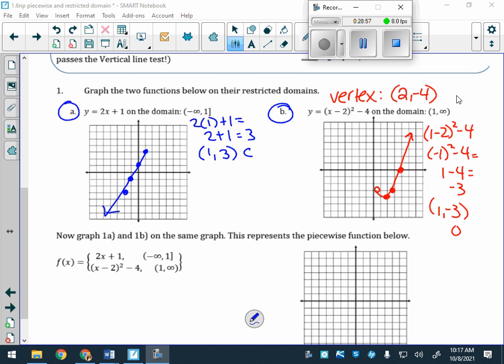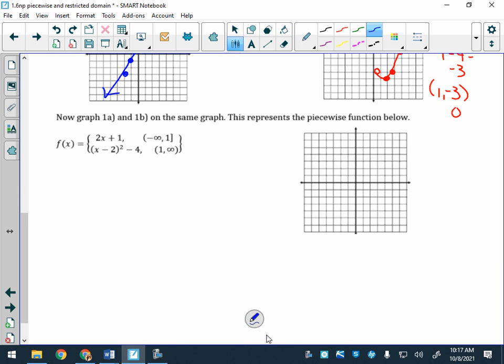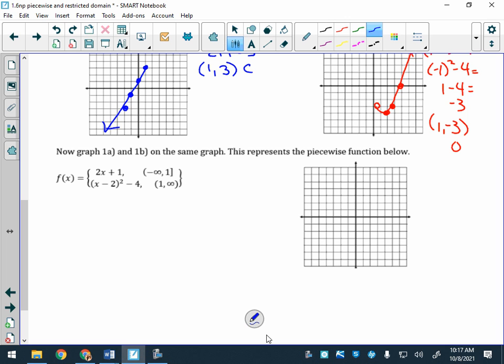We know our vertex is 2, -4. Then you could plug in x values from 2 on to get your well-rounded graph. Now, when we merge them together, they create a piecewise function.